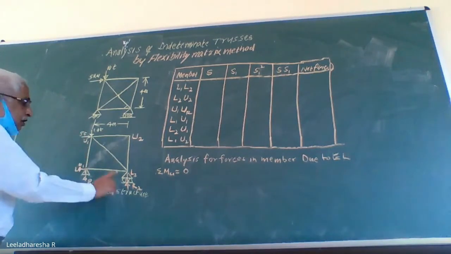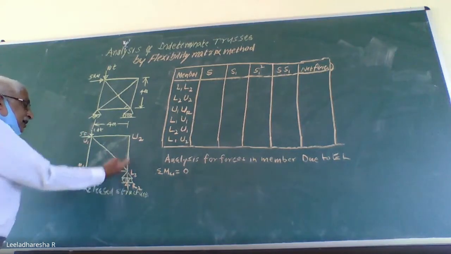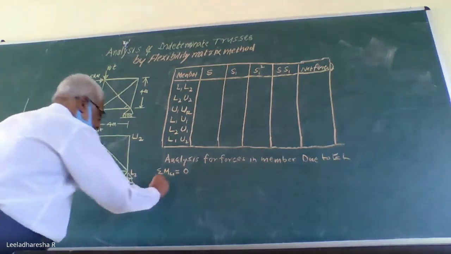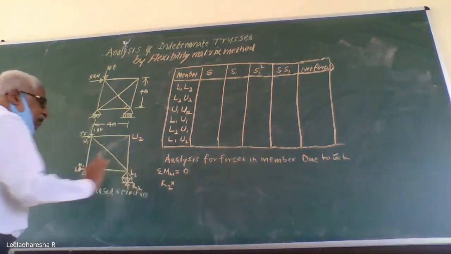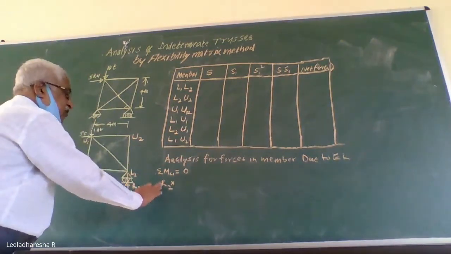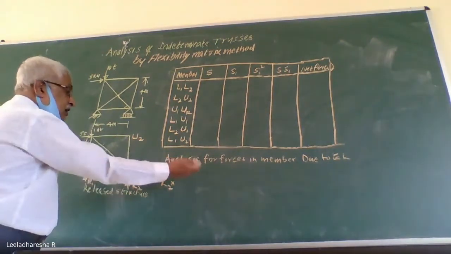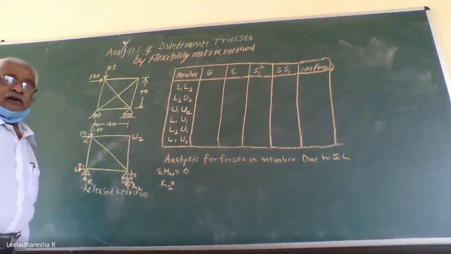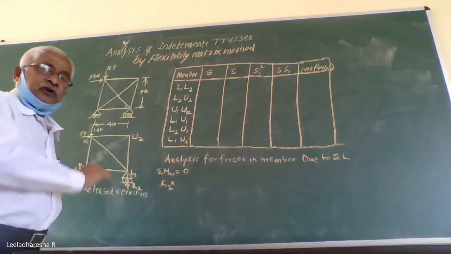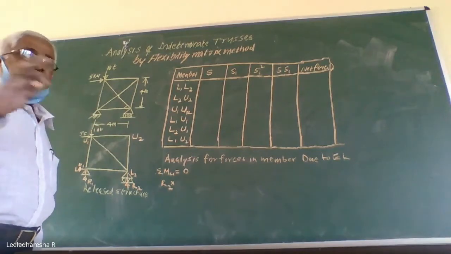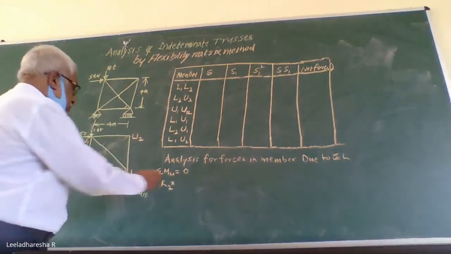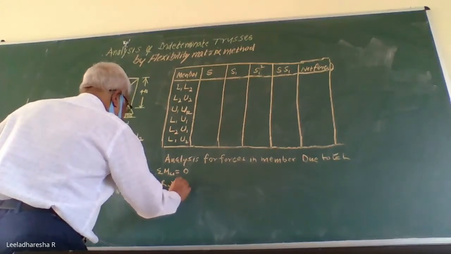Now, due to R2, an anti-clockwise moment is produced. I am taking anti-clockwise as positive on the left hand side and clockwise as positive on the right hand side. Otherwise you will write a continuous equation, rearrange it and then find out what is wrong. So this happens to be a little bit easy.